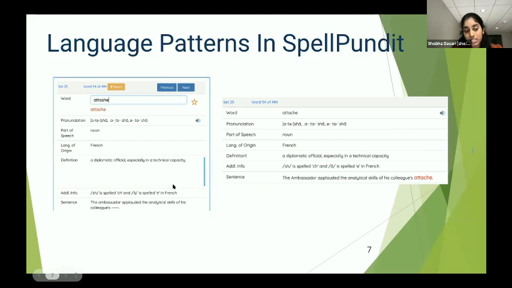And then in the testing mode, we'll also include that information for you as well, after you've misspelled a word. So yeah, we have these in SpellPundit, and we definitely encourage reading them as you're preparing different words in SpellPundit.